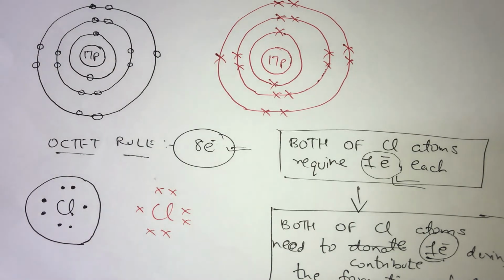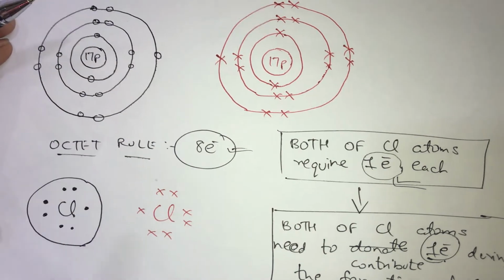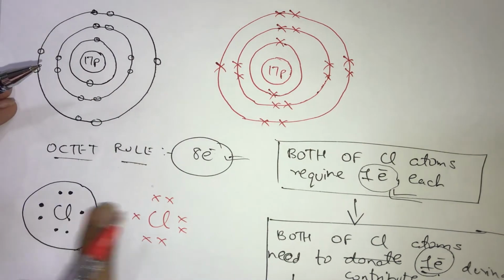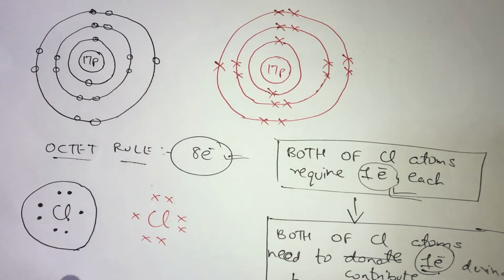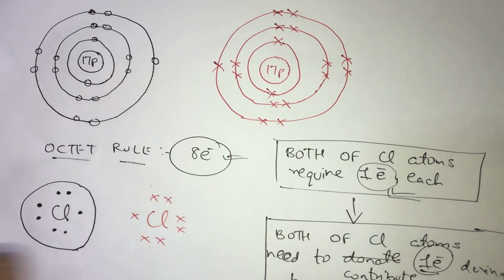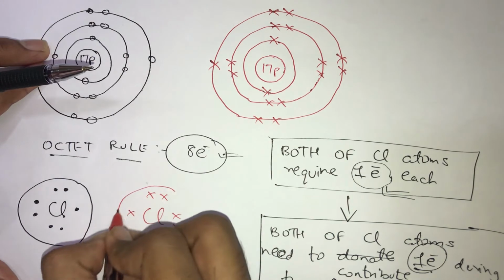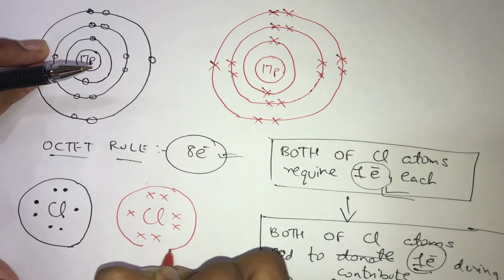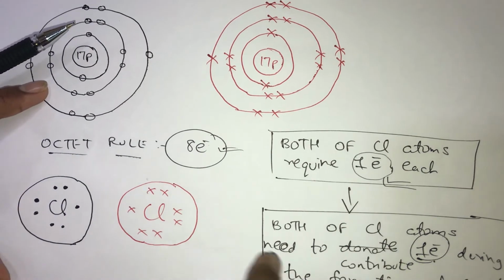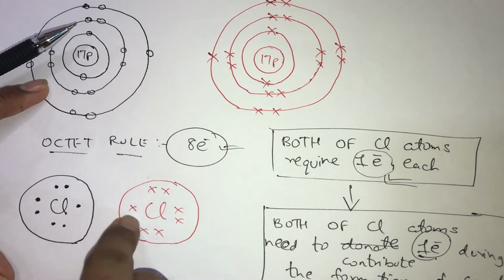Now guys, don't get confused, electrons are the same in both of these atoms. I have just represented them by a different sign just for your understanding. Otherwise you will get confused that electrons are different in different atoms. Okay, so this is the Lewis structure for both of these diagrams. Now as mentioned over here, both of them are going to contribute 1 electron.